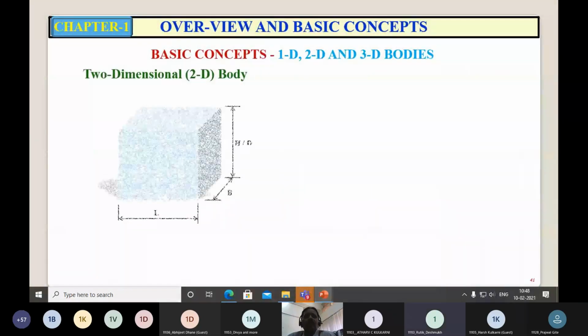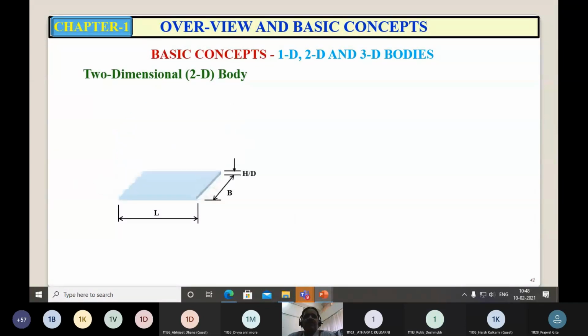Now, out of the dimensions, if any one dimension is very, very small as compared to the other two dimensions, for example, as compared to the length and the breadth, the thickness or height or depth of this body is very, very small, am I right? So you can neglect it, being very small as compared to the other two dimensions.